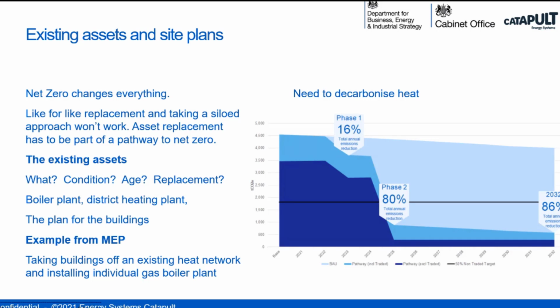It shows their emissions from today to 2032, and the site is forecast to get to an 86% emission reduction from today for total emissions. They're in quite a unique position, because we found that quite a lot of sites are still using coal for heat.